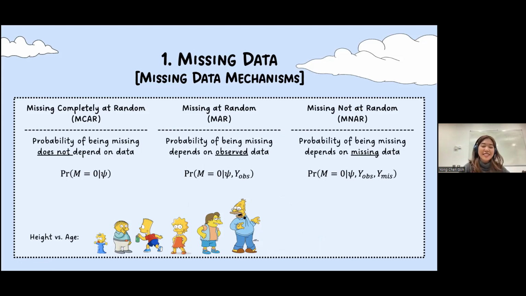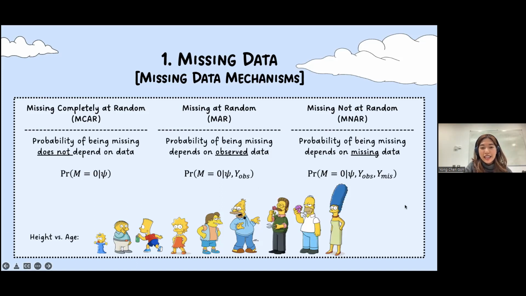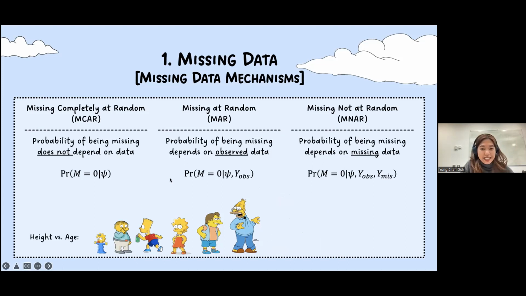Especially when data are missing in this way, it's quite important to include the fact that it's missing and not just ignore it. Because if you used mean imputation for this data set, the mean height for the observed data would be much lower than the actual data, if that makes sense.